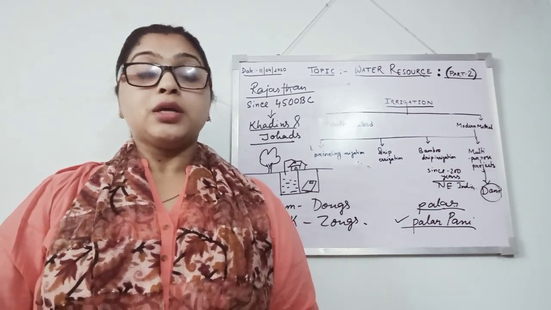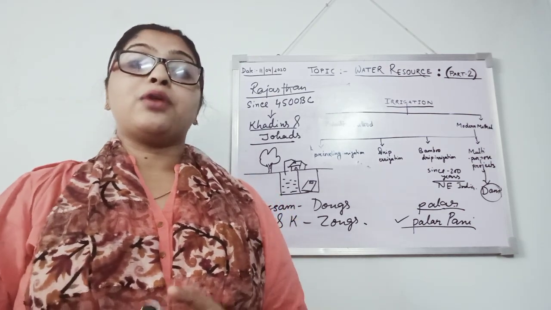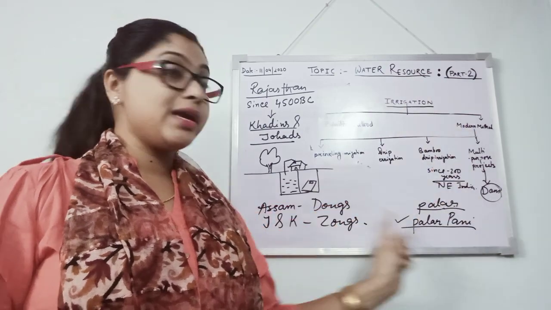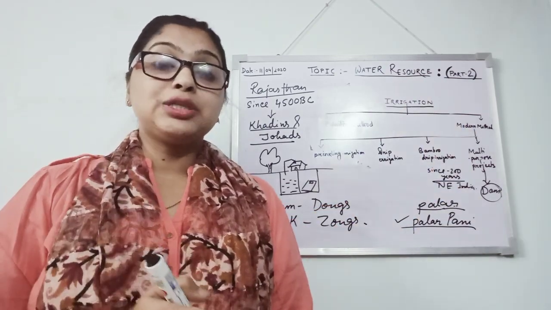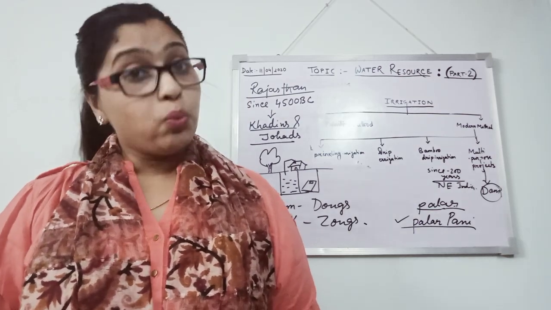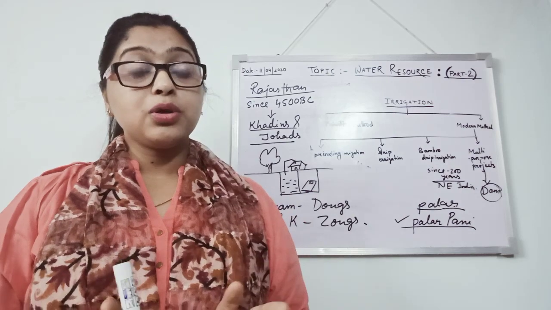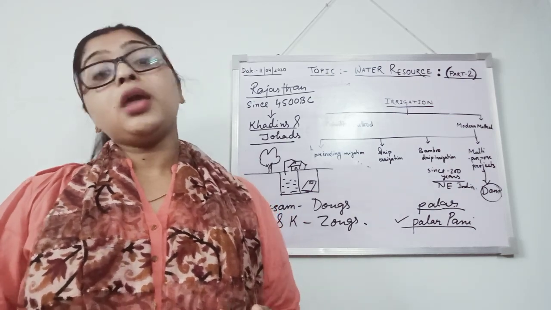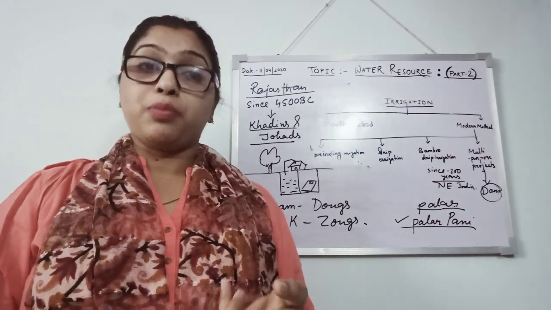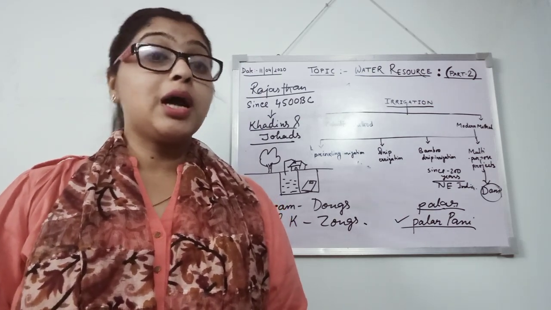Okay students, in this video you have understood what the modern methods of irrigation are, why we need to conserve water, how necessary conservation of water is, and how we can conserve. You have to remember that every year in the water resources portion, a question comes from rainwater harvesting.